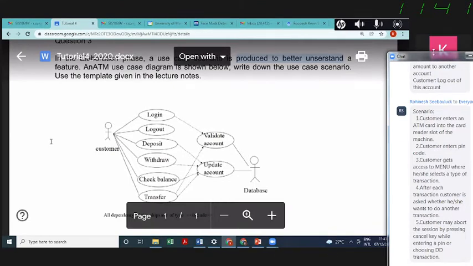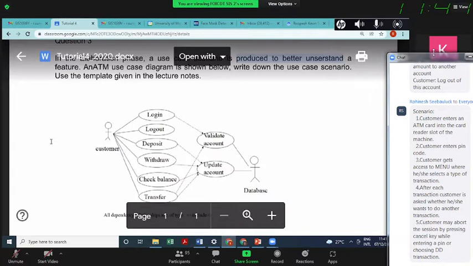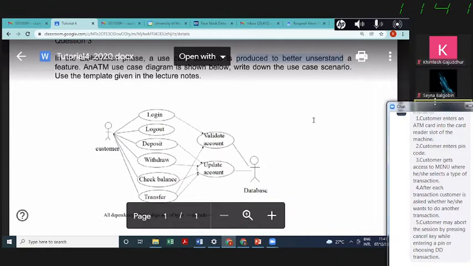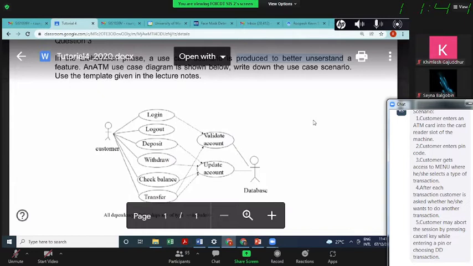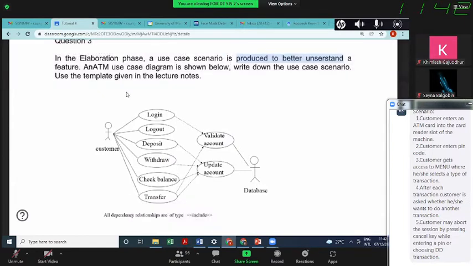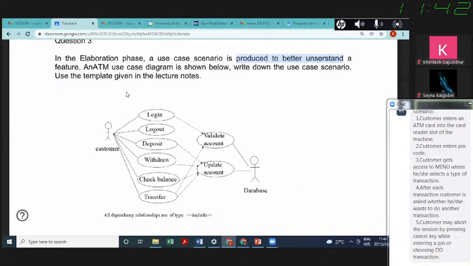So here, important, like I was mentioning, we need to understand the processes. If you have to use an ATM at the bank, what's the first step that you do? You have to sit down and think, what's going to happen? Do I put my PIN first and then my card, or my card first and then my PIN?